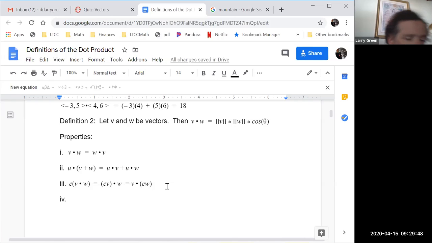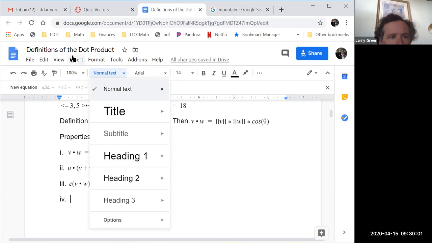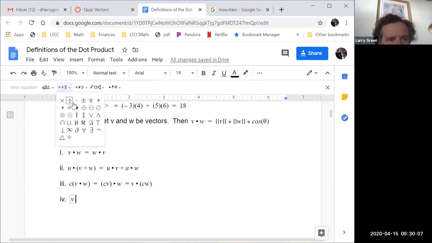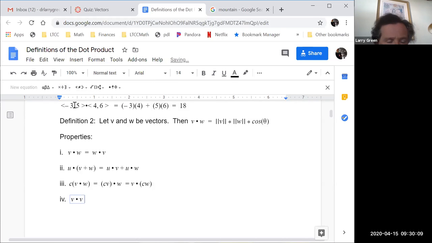And the fourth one is that kind of magnitude property, I guess. And that is what happens when you dot a vector with itself. So if we take V dot V, what's another way of saying V dot V? So what's V dot V going to be equal to?